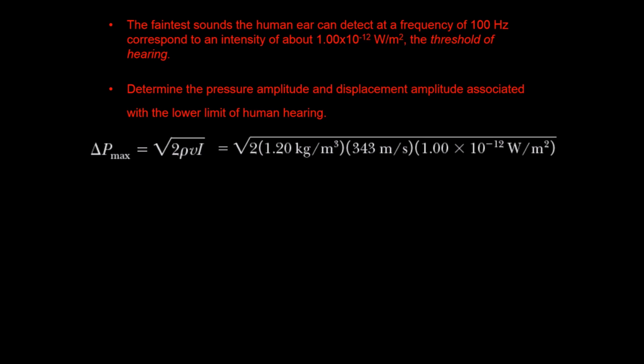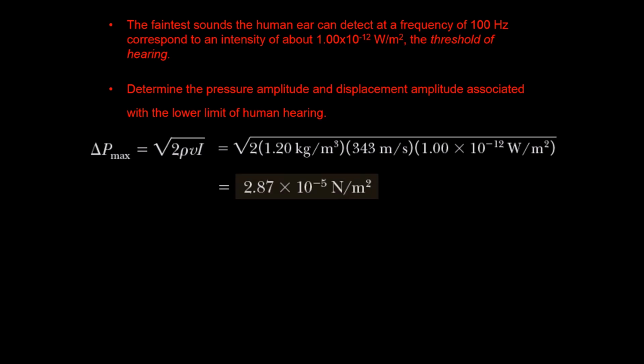So this will be 2 times about 1.2 kilograms per cubic meter, times about 343 meters per second for the speed of sound, times 1 times 10 to the minus 12 watts per square meter given in the question. This will give us about 2.87 times 10 to the minus 5 newtons per square meter.